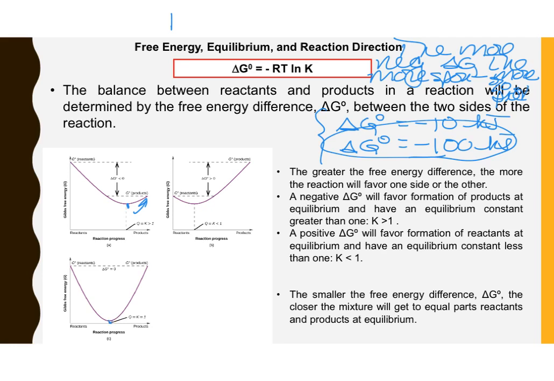If K is about 1, most people say if K is between 0.1 and 10, the equilibrium position is going to be roughly equal between products and reactants. And of course, if the equilibrium point lies closer to reactant, that means that delta G would be positive.